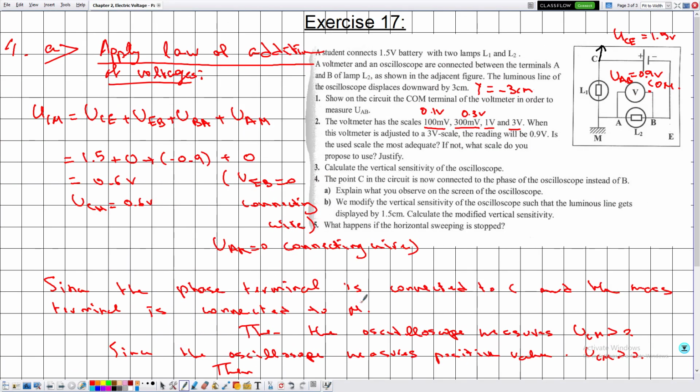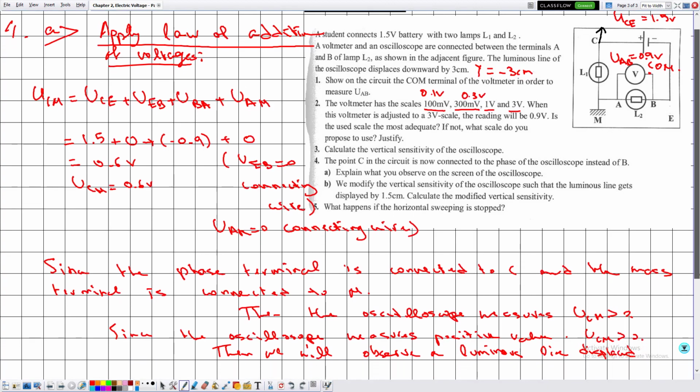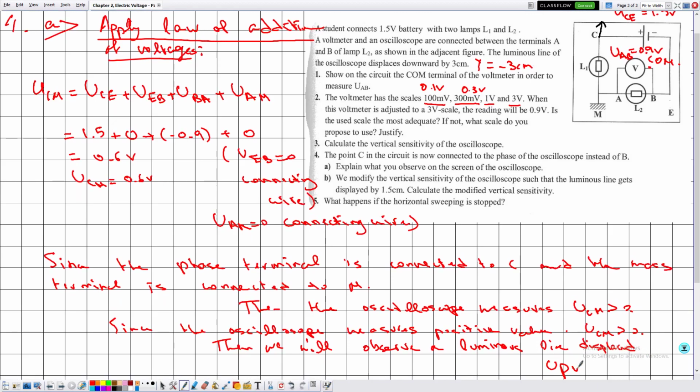They didn't ask by how many divisions. Then we will observe a luminous line displaced upward. So the luminous line is displaced upward.